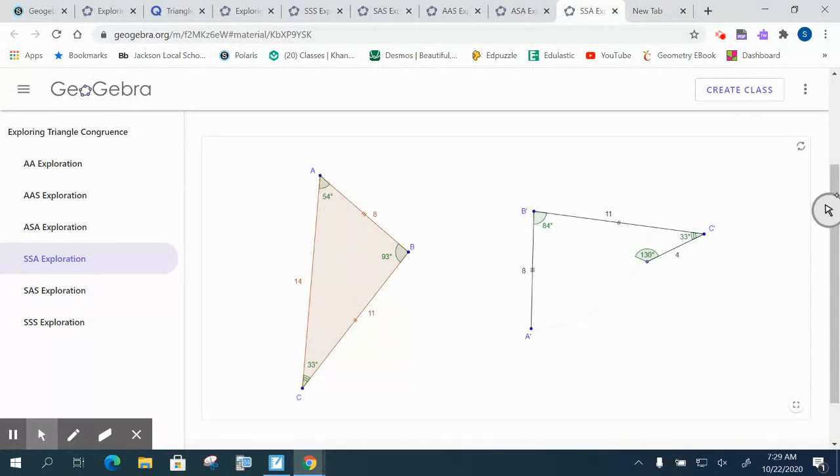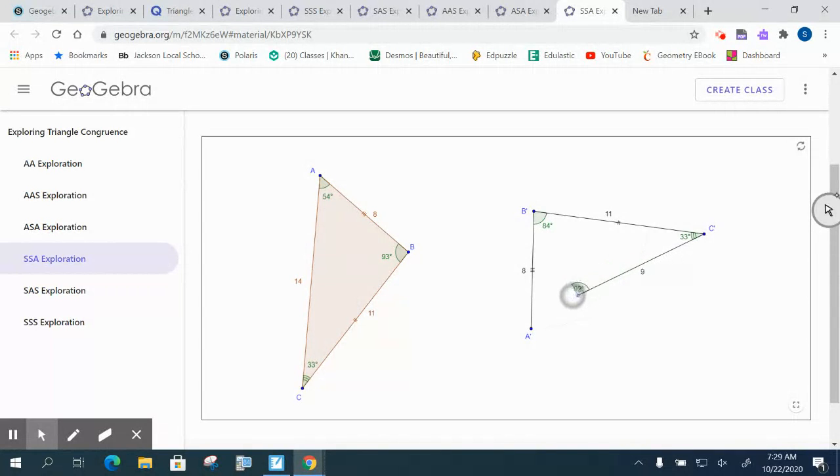Here's the one where we have a side, and this, I believe it's this angle here, this 33 that we know for sure. So let me click on this. Yes. Okay, so this 84, we are allowed to change that. So I can make a change this way and that way.